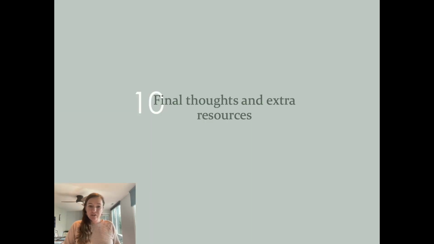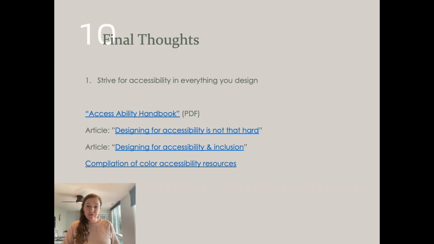And so with that, I want to just talk about a few final thoughts for posters and some extra resources. So one of those extra thoughts that I want to just emphasize is that as designers, we should really be striving for accessibility in everything that we do. And what I mean by accessibility is you want as many people as possible to be able to read and understand and appreciate what you do.